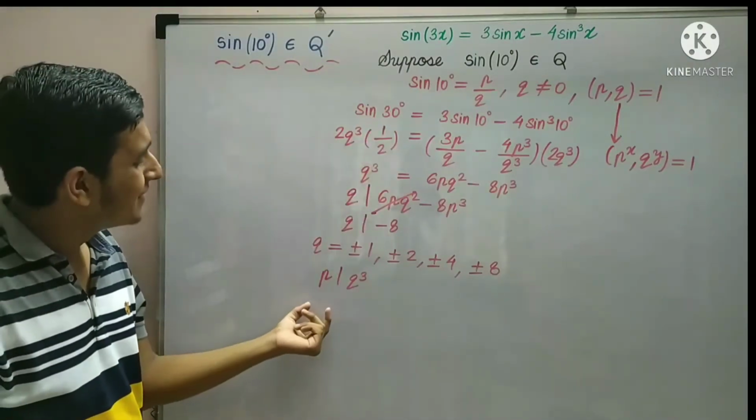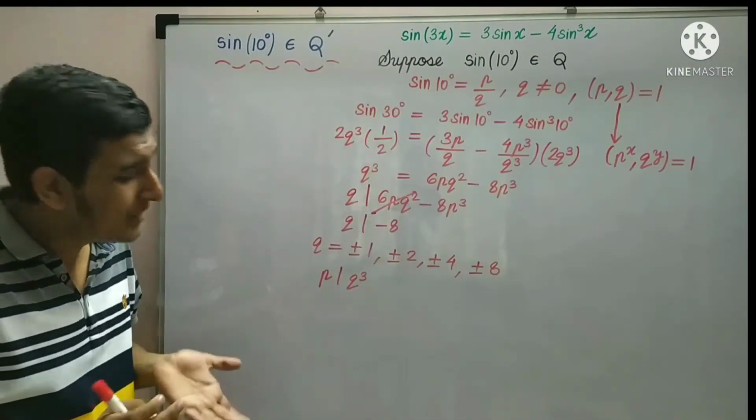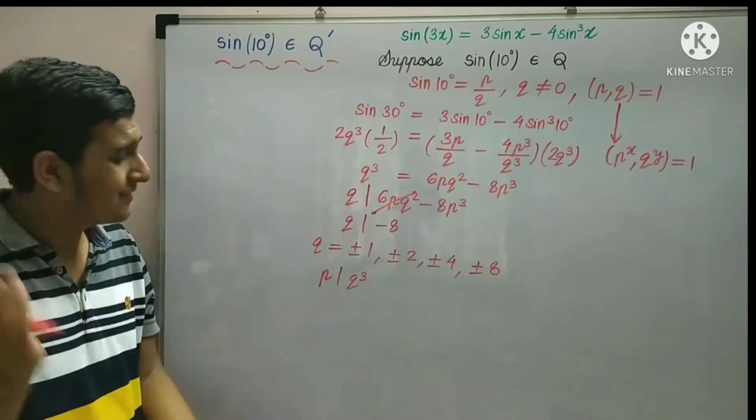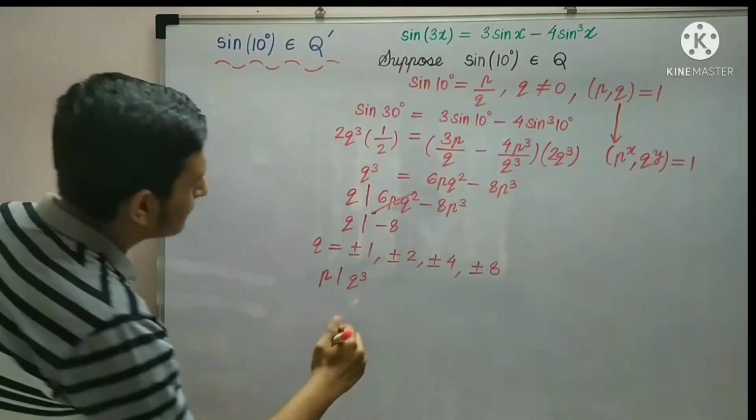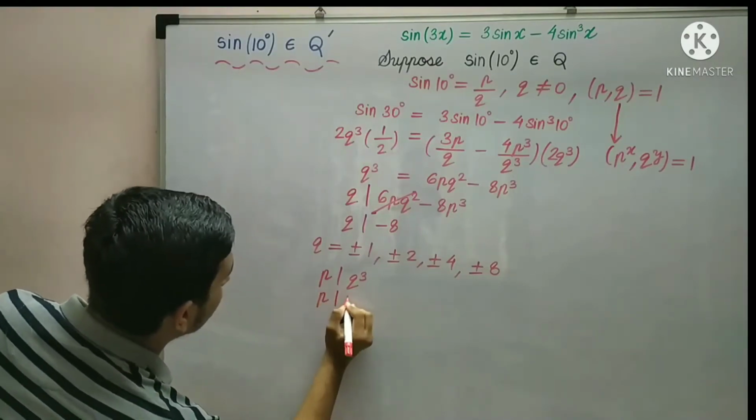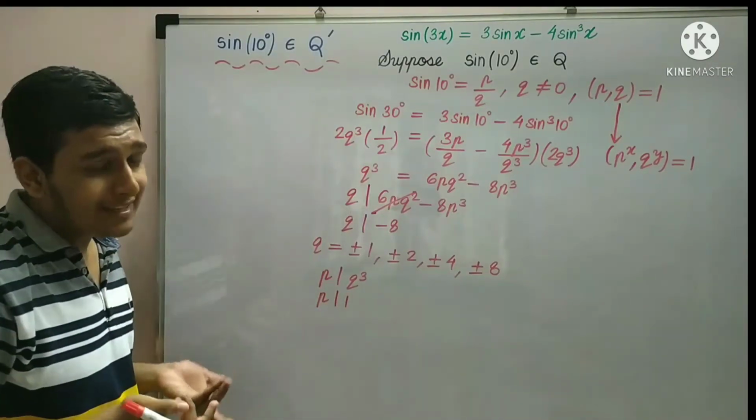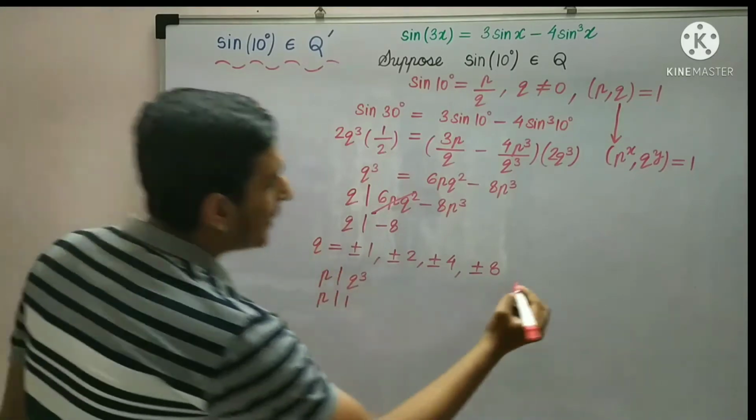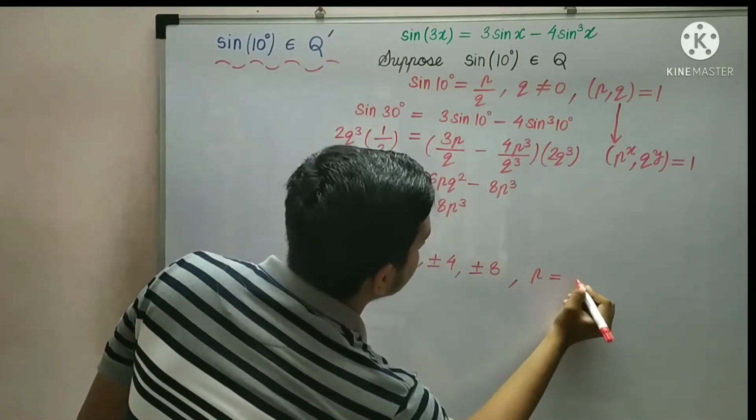We must hope that the coefficient of Q cubed is a multiple of P. That is, P must divide 1. If that is the case, then it can hold the values plus minus 1.